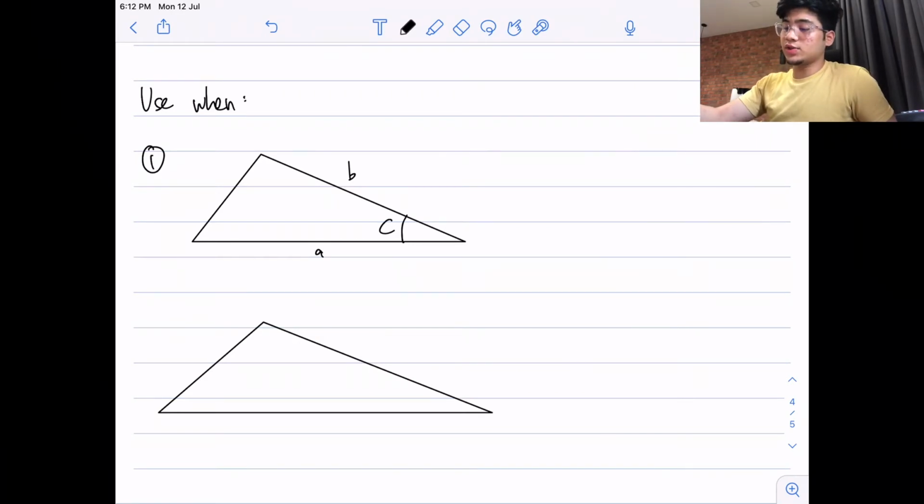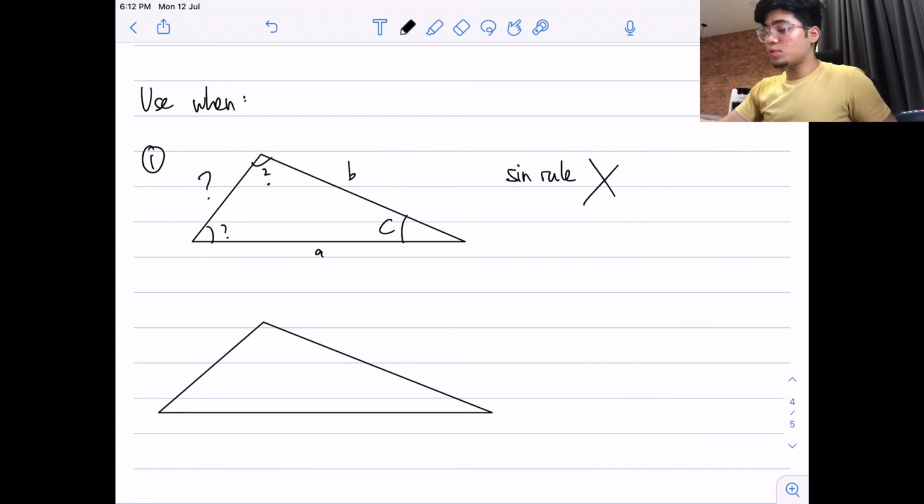Because let's say you wanted to find this side, but you can't use sine rule because you don't have these angles over here. Sine rule is out of options. So you would have to use cos rule and use the squared. But just keep in mind, every time you get the answer, you're going to get a squared, so don't forget to square root it.